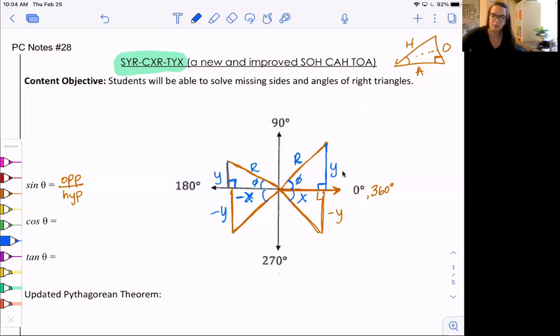Y, yeah. So opposite is really Y. And what letter is always my hypotenuse? R. Yeah, the radius is my hypotenuse. So sine, instead of being opposite over hypotenuse, is going to be Y over R.